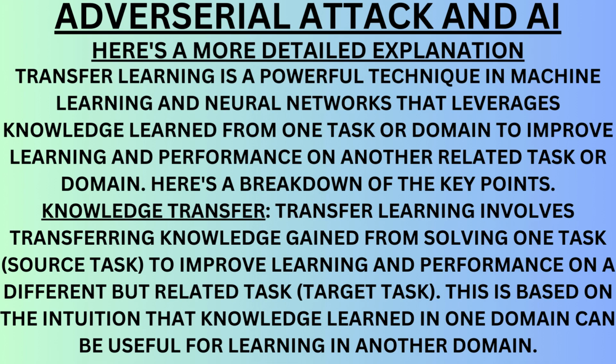Transfer learning involves transferring knowledge gained from solving one task, the source task, to improve learning and performance on a different but related task, the target task. This is based on the intuition that knowledge learned in one domain can be useful for learning in another domain.